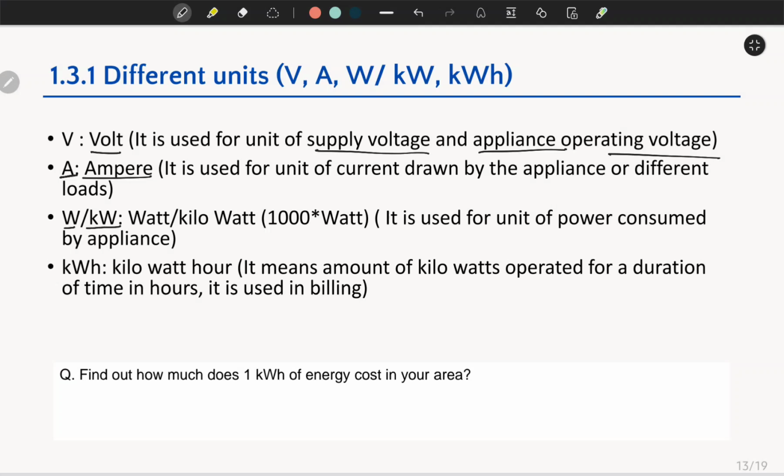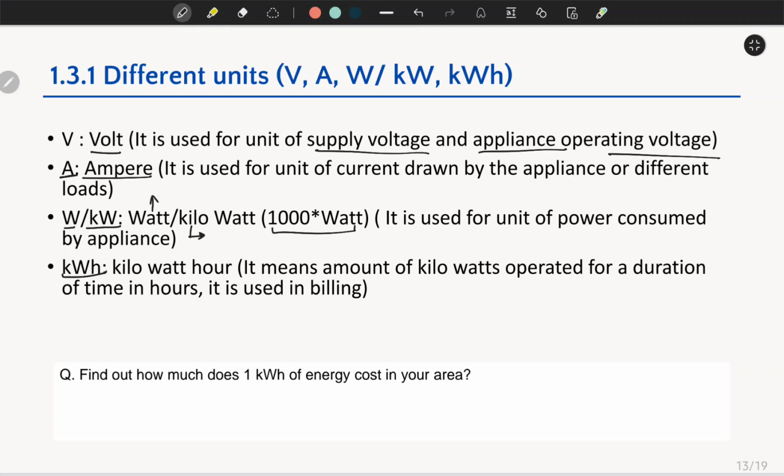Watt or kilowatt is a unit of power, the power which is consumed by any appliance or any load, or the power rating of the device. It is represented in either watt or kilowatt. Kilowatt is nothing but 10 to the power 3 multiplied by watt. Kilowatt hour is a unit of energy.